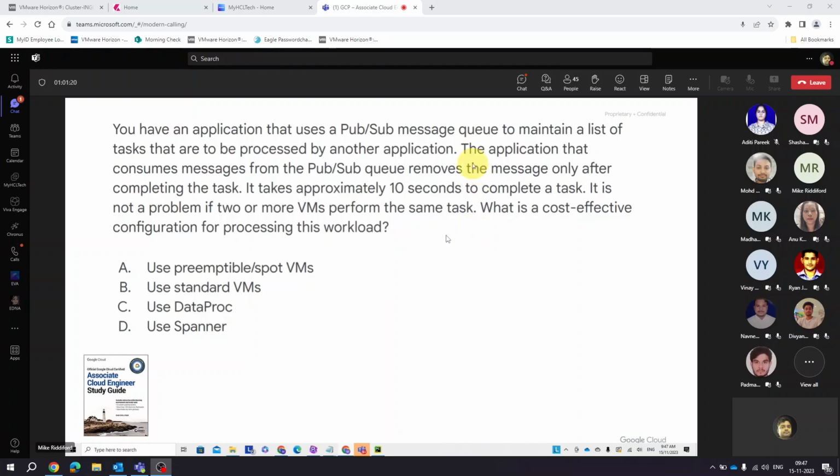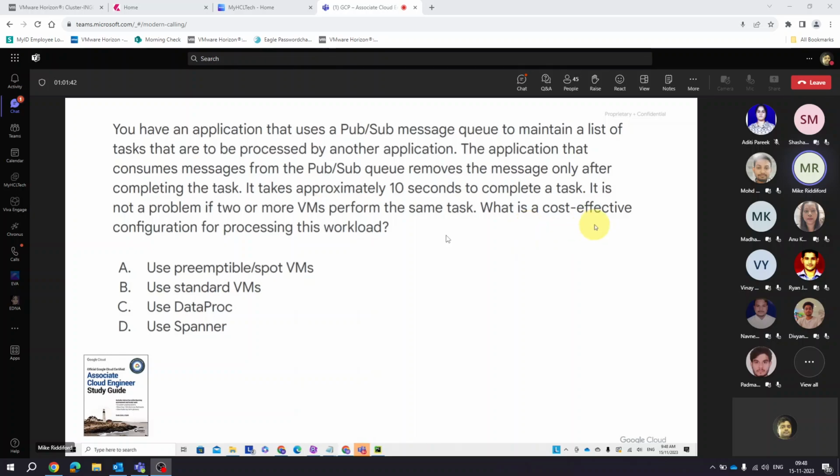So you want to have an application that will consume messages from the Pub/Sub topic or queue, and each task only takes 10 seconds to run, and it's not a problem if two or more VMs perform the same task.